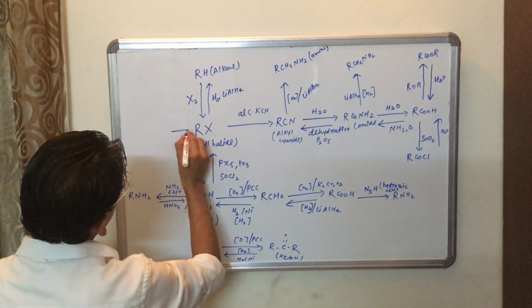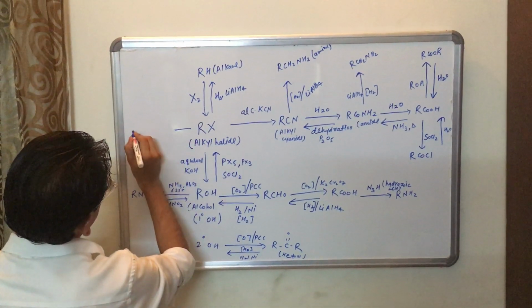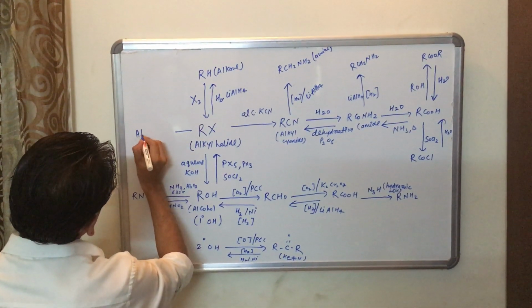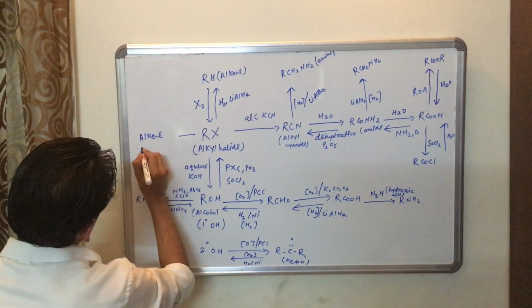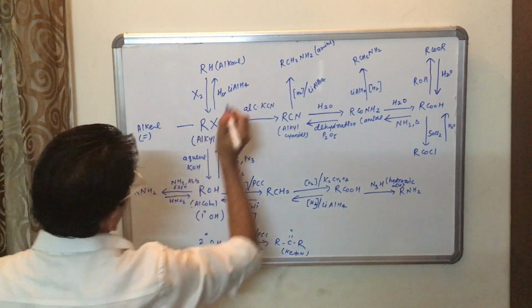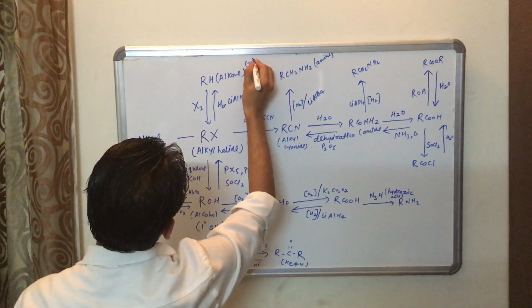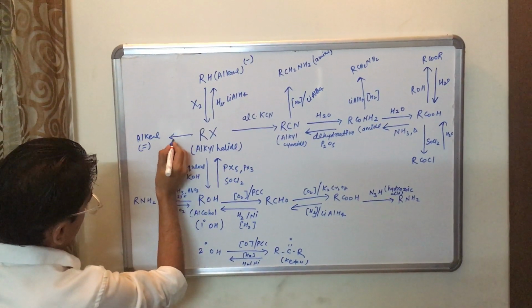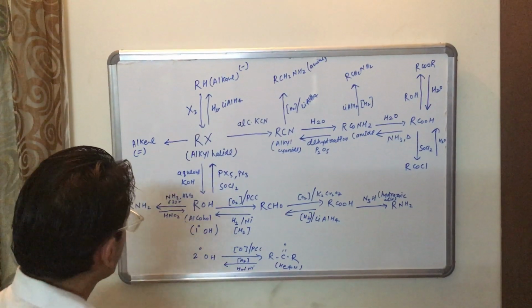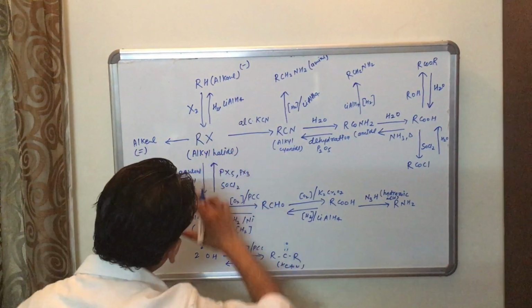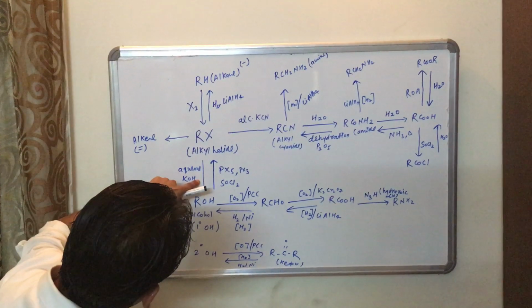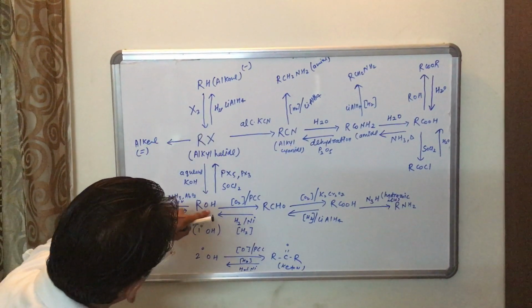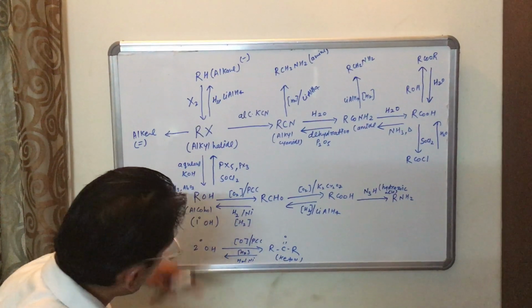Now I have RX, and from RX if I want to obtain alkene, that is a double bonded compound, while this one is a single bonded compound. From alkyl halides, if I add aqueous KOH, you will get alcohol.